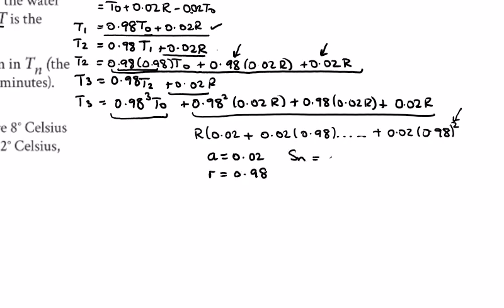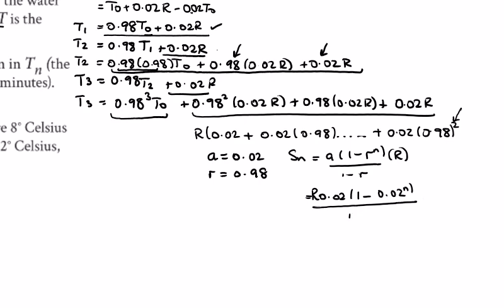So Sn of this, a times 1 minus r to the power of n over 1 minus r, becomes 0.02. R is going to be multiplied by all of this, so I'll stick it in here. R times 0.02 times 1 minus 0.98 to the power of n over 1 minus 0.98.